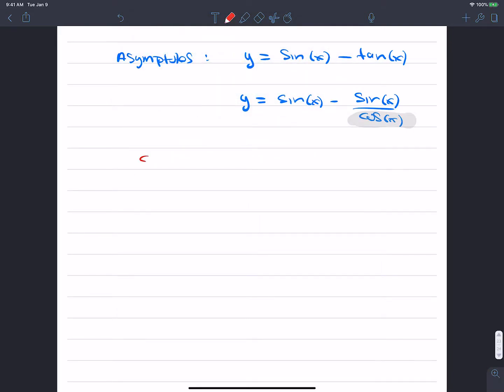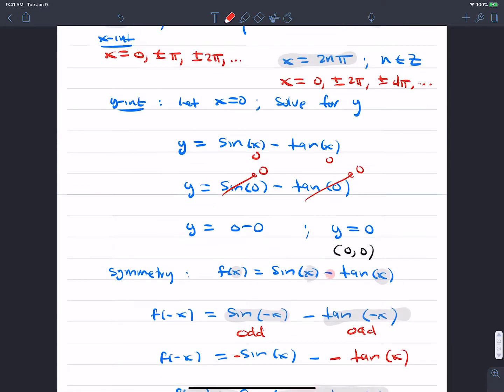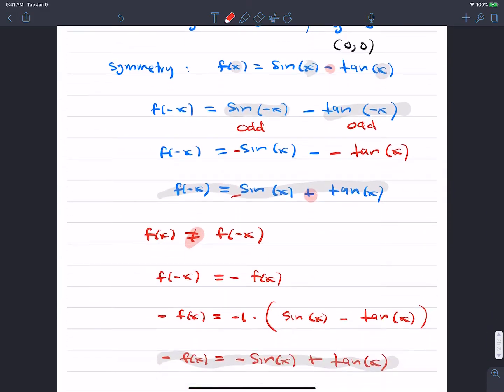Right? Cosine is 0 when x is what again? You already answered that question. What does x have to be? Plus or minus n pi over 2? Let's be careful. Isn't that where cosine is 0?